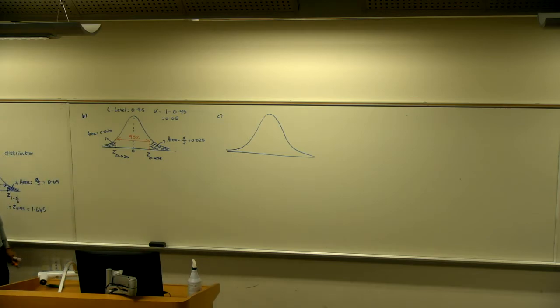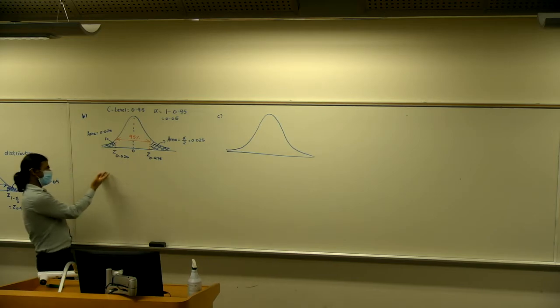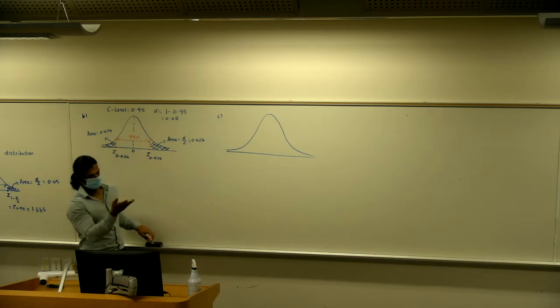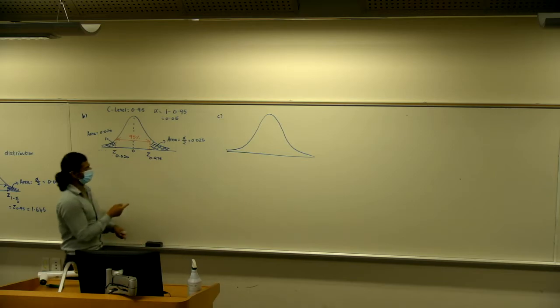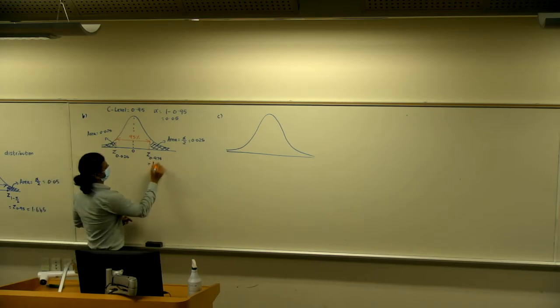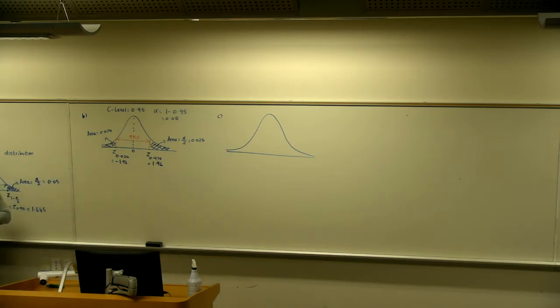So you can either do inverse norm 0.025 to get the left critical value, or you could do inverse norm 0.975 to get the right critical value. And what do we get? Negative 1.96. Good.